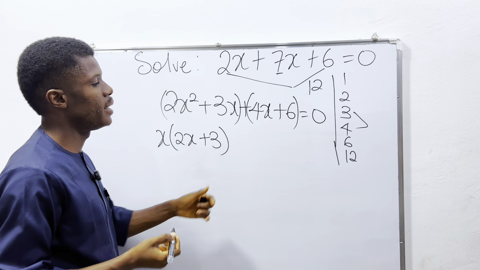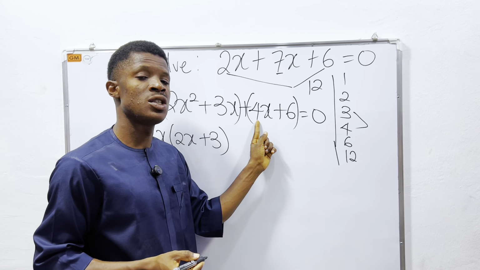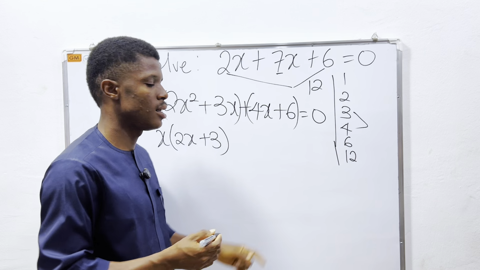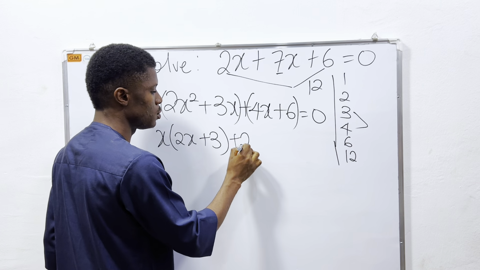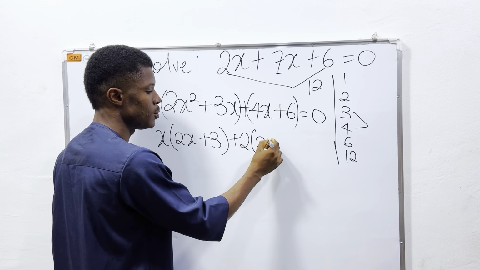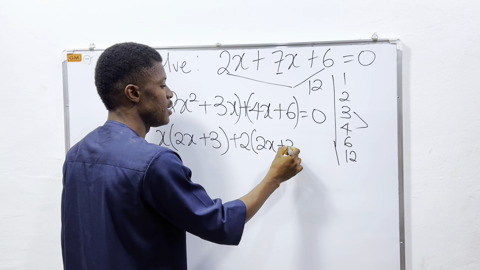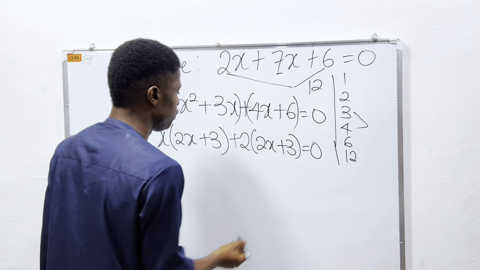For the second pair, I can factor out the common term 2. If I factor out plus 2, 2 divides 4x leaving 2x, then 2 divides 6 leaving 3. And that's equal to 0.